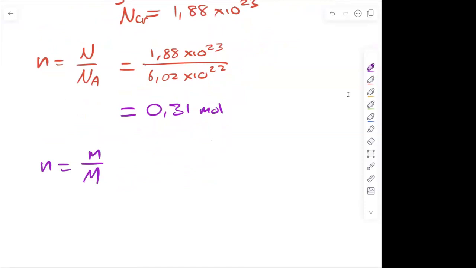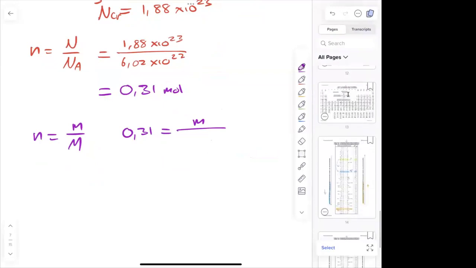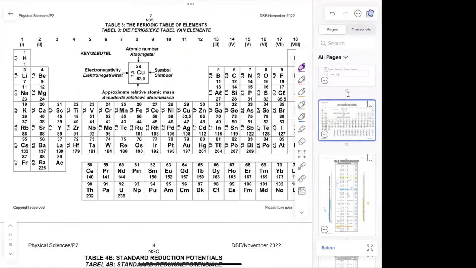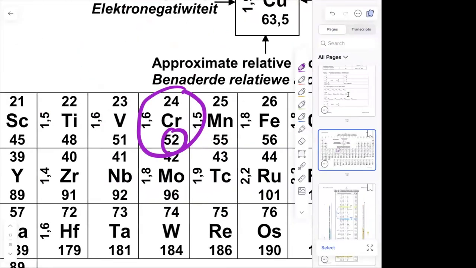The number of moles, 0.31, is equal to my mass in grams, which I'm trying to solve, divided by the relative molecular mass. What's the relative molecular mass of chromium? You can quickly go to the formula sheet and find that value. Chromium has a relative molecular mass of 52, a value that I need to plug in there.